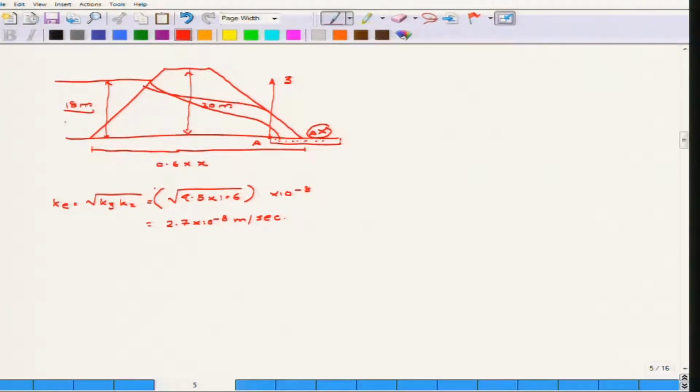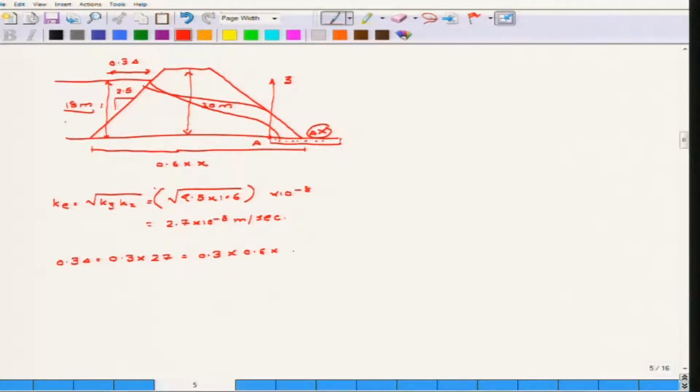So, at this point A, again you have to find out 0.3 into delta. So, 0.3 into delta is given by 0.3 into 27. It is obvious why you got this 27, because this is 0.3 into 0.6, as this is the horizontal dimension that is multiplied. As we have seen, this ratio was 1:2.5.